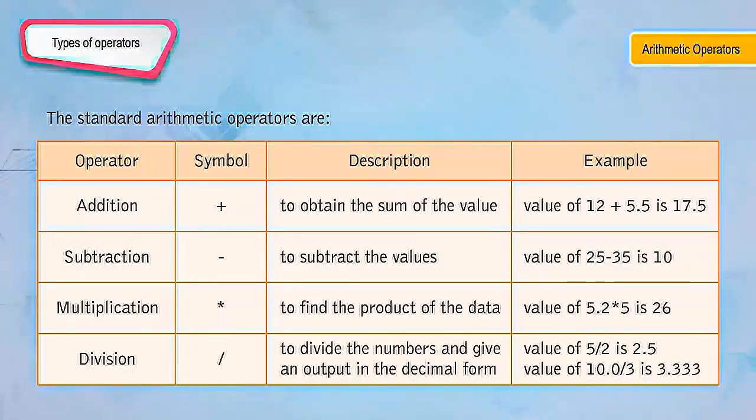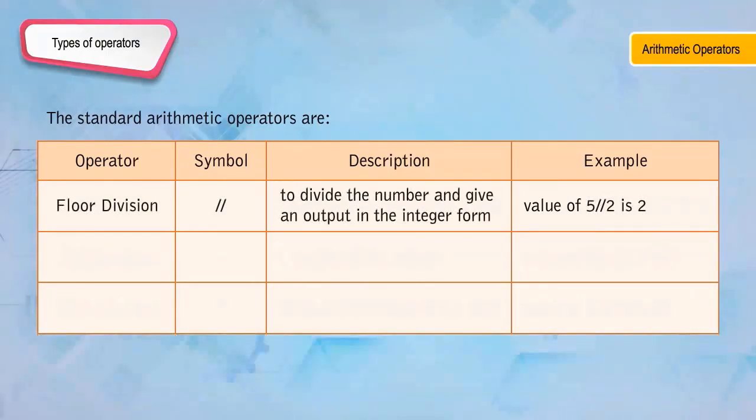Division, to divide the numbers and give an output in the decimal form. The value of 5 / 2 is 2.5. The value of 10.0 / 3 is 3.333. Floor division, to divide the number and give an output in the integer form.